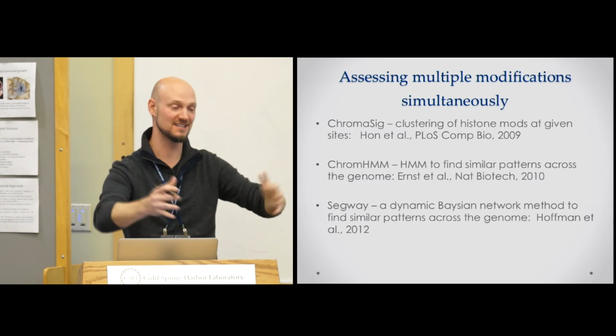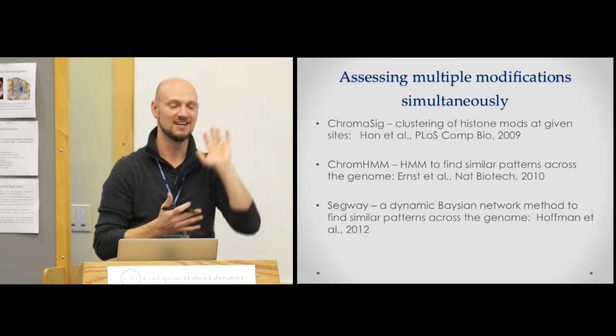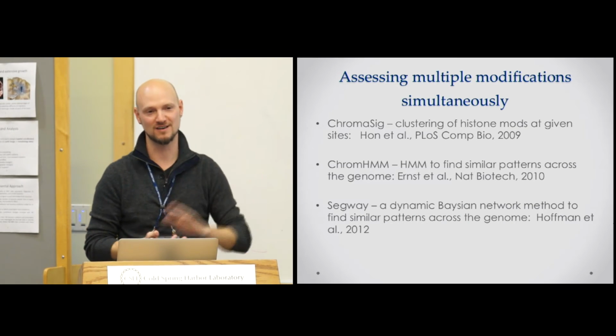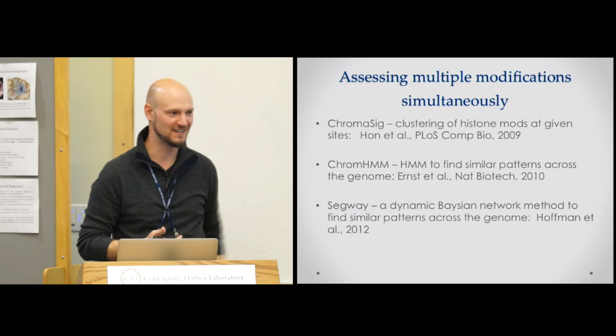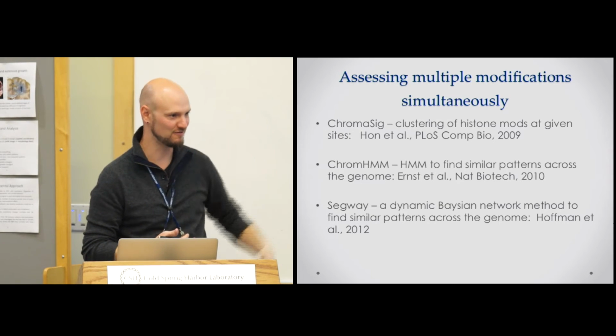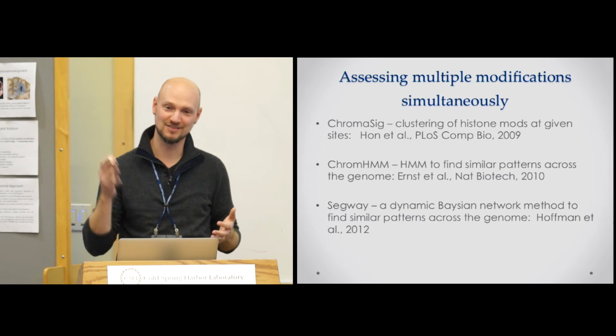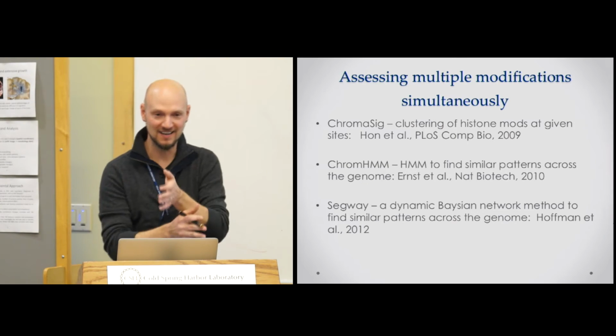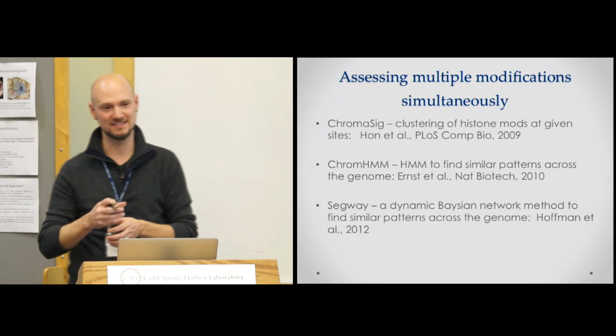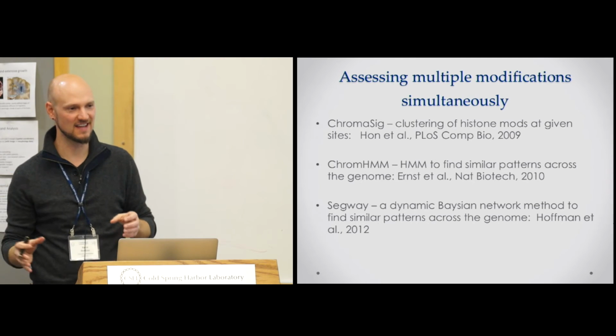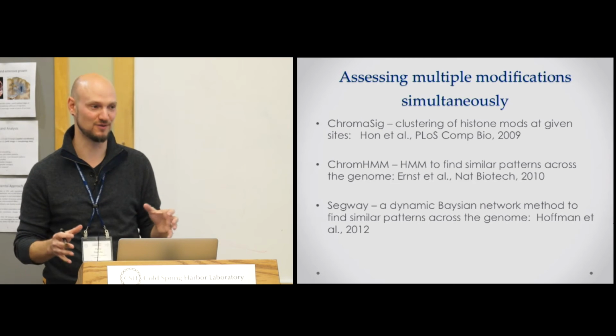So let's say you did the same thing. You took your favorite cell type, you chipped 30 histone marks like I showed you in that big map I had before of all those histone modifications, and you thought, wow, I'm going to have to call peaks 30 times and then find when this peak overlaps this peak for this histone modification versus that modification. Sounds like a lot of work.